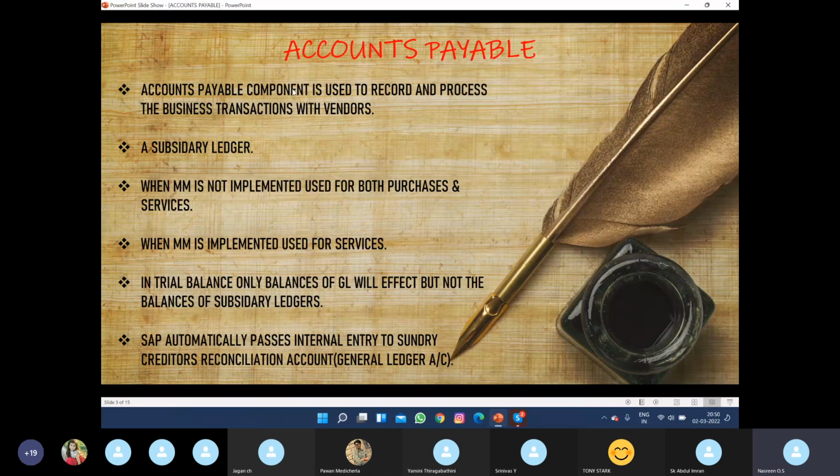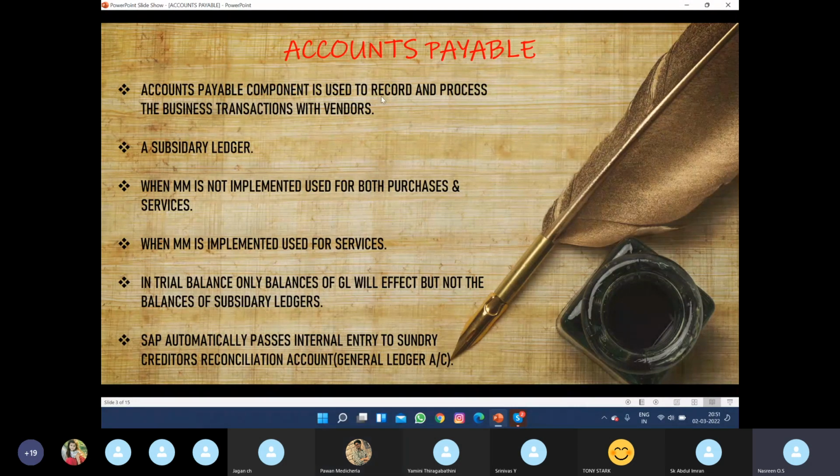Accounts payable is a component which is used to record and process the business transactions with vendors. To record means we record all the transactions, such as the transaction of an invoice, and to process means we make payments, we clear those invoices, etc. These are the recording and processing of the business transactions with vendors.